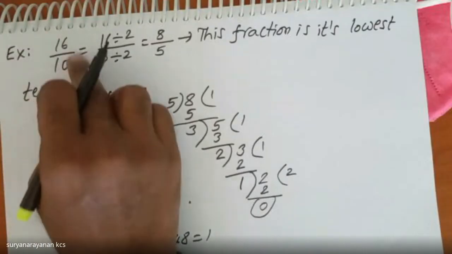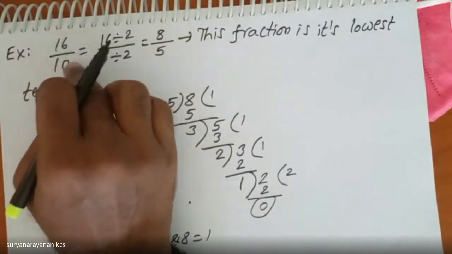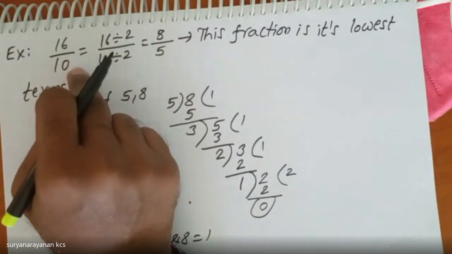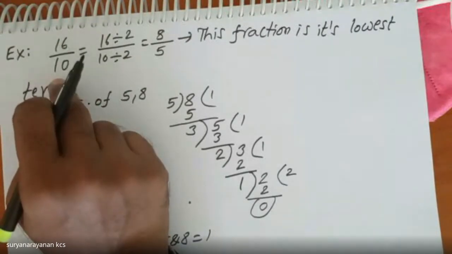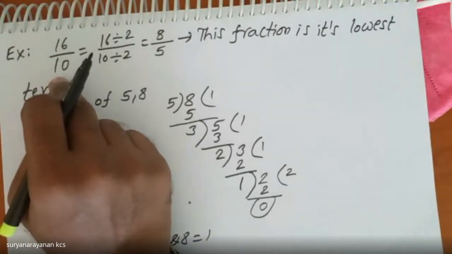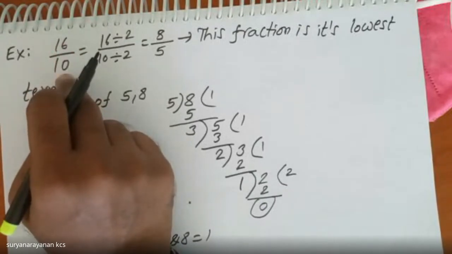Sir, before you did the division, how could you tell that it was in its lowest terms? Actually, this fraction 10 by 16 is not in its lowest terms. Can you tell me the reason why this fraction is not in its lowest terms?